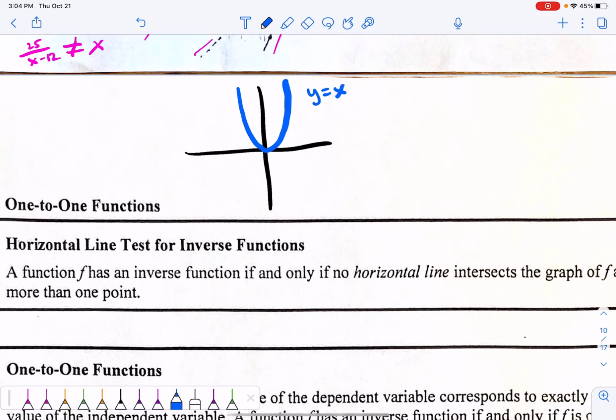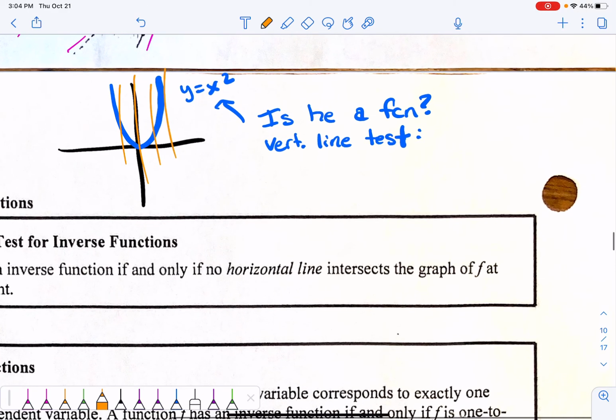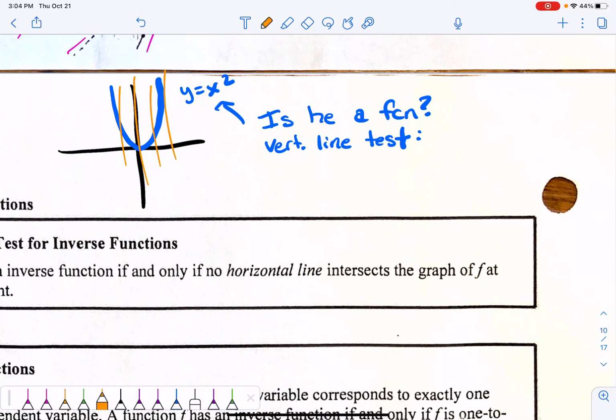To determine whether it is a function, we would do the vertical line test. The vertical line test says, if I draw vertical lines, it passes, since it's only touching at one place across those vertical lines. So the vertical line test will say, yes, it is a function.